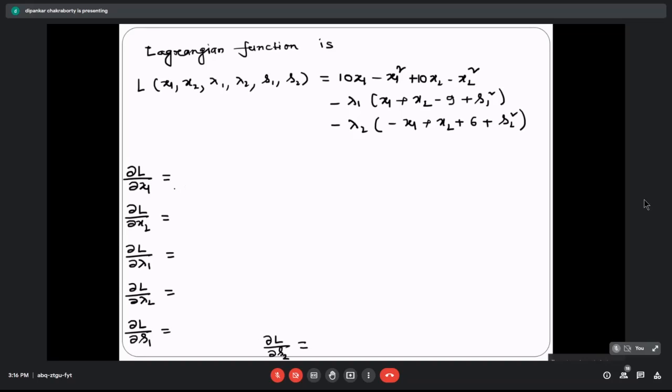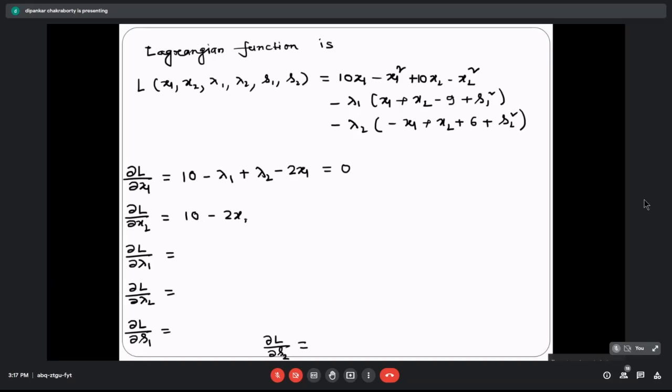So del L del x1 is equal to 10 minus lambda 1 plus lambda 2, sorry, yes, minus 2x1 is equal to 0.